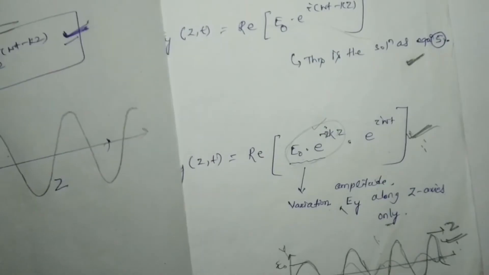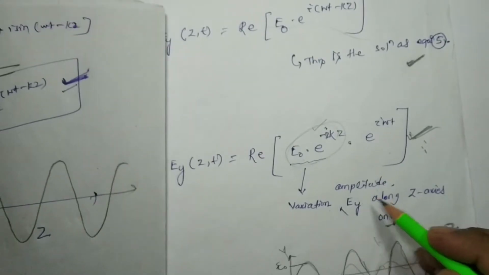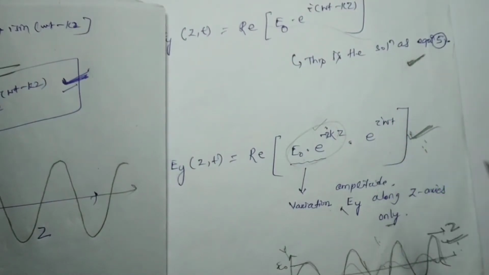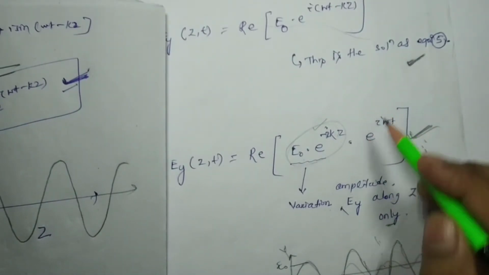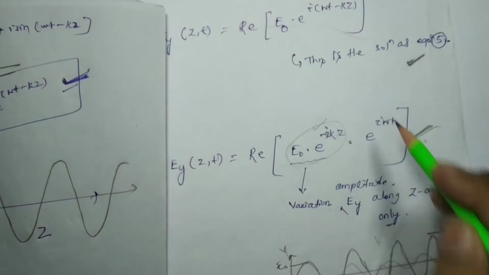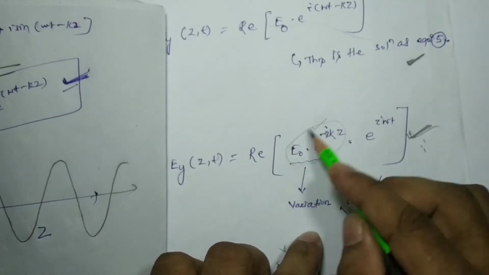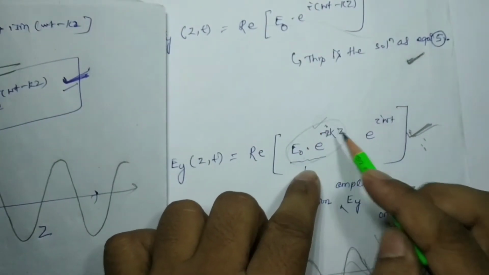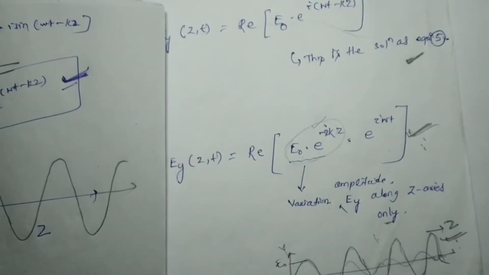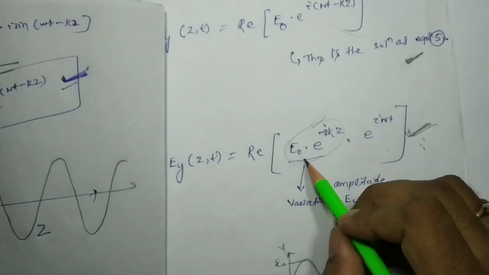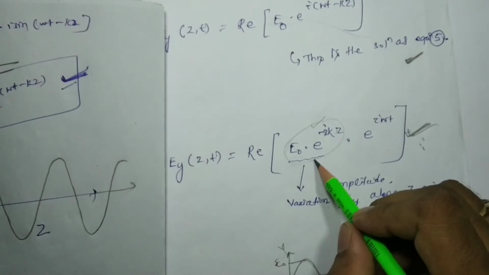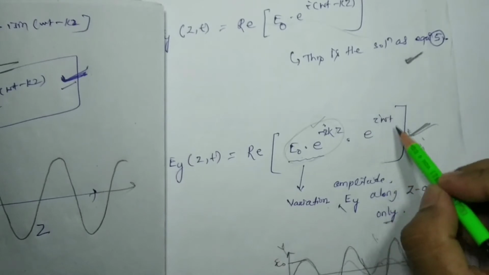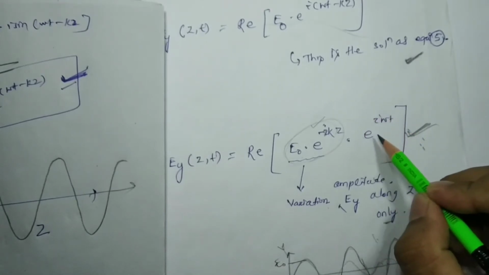And this represents the variation of the wave with respect to time, the variation of amplitude with respect to time. This is your amplitude part, and this amplitude part acts as a constant at a particular time. Hence, if we consider this function, it is nothing but a representation of an oscillatory function, again with respect to time.